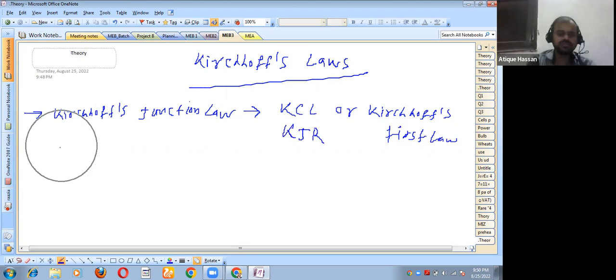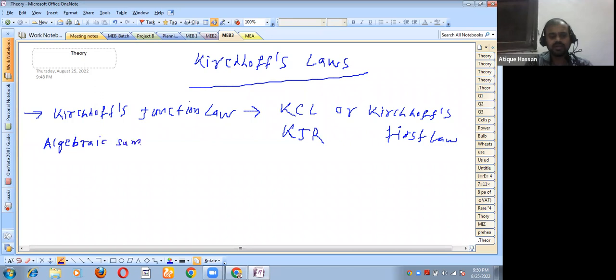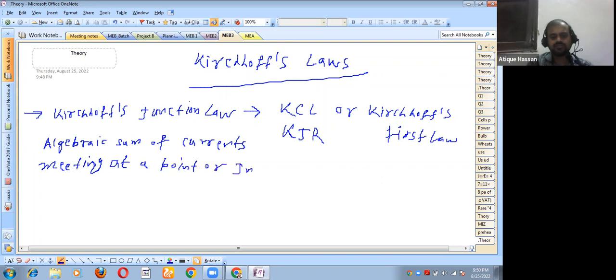According to this, the algebraic sum of currents meeting at a point or junction is 0.